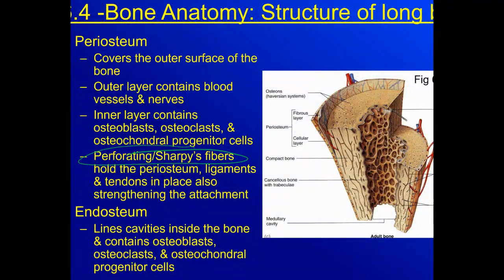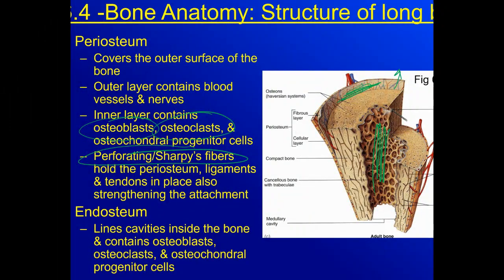As well as that, though, you also have the osteoblasts and osteoclasts, both on the outside and on the inside. Now, why is that important? Well, if you think about it, that makes sense. Where do I have room to grow?